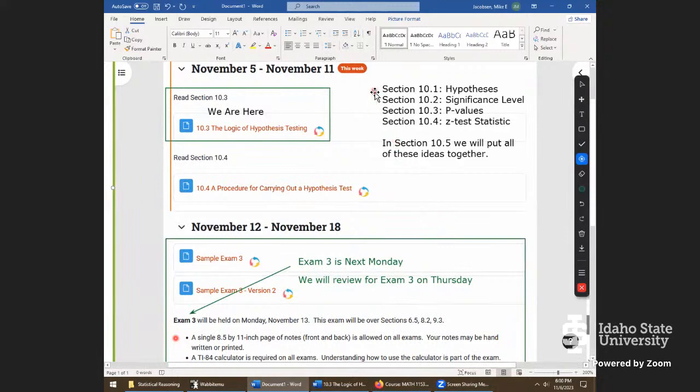For the moment, here's where we're at in the progression of chapter 10. Our goal is to get to section 10.5 to put everything together and start testing hypotheses. Section 10.1, we finished last week pretty early on, with just setting up your hypothesis, null and alternative. That's quite a process on its own. Section 10.2 is where we spent most of the time last week.